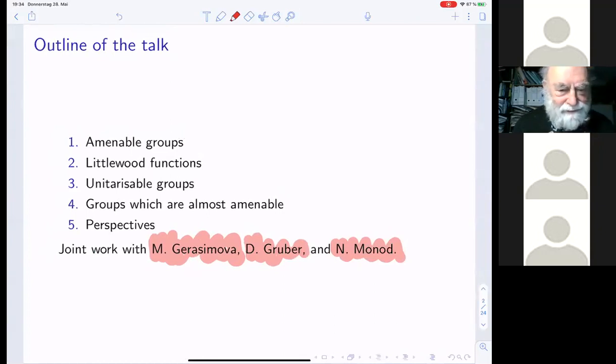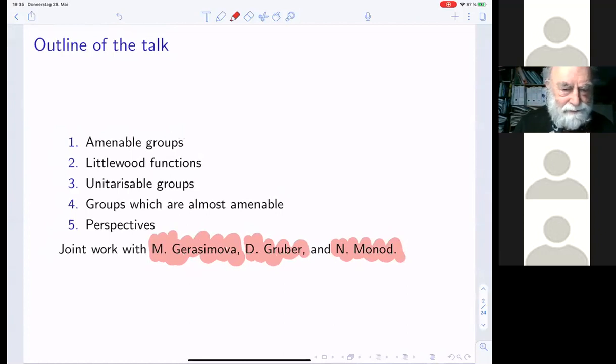Then I will introduce this space of Littlewood functions, which will play an important role. I also talk about unitarisability, and then I will give some constructions of groups that are almost amenable in some sense, and provide interesting examples for this Littlewood coefficient that I will introduce, which is a numerical invariant.